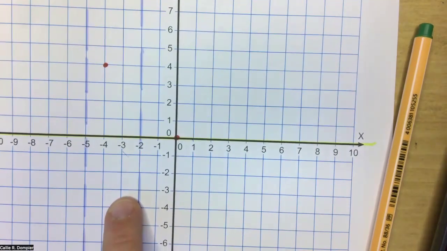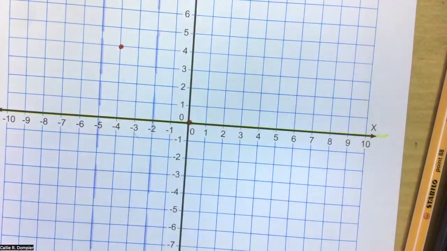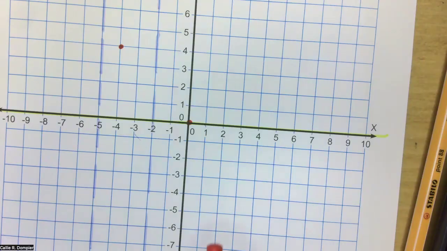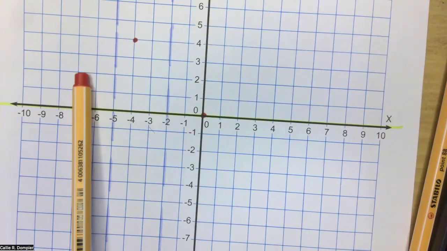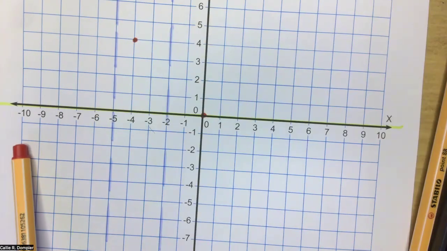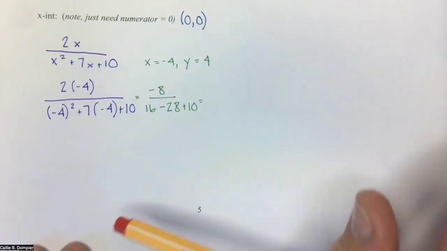So it's not going to be down here, right? It has to be going like this. And then I can pick another one. It's going to be approaching infinity over here, so maybe at -10. We're just making an XY table.